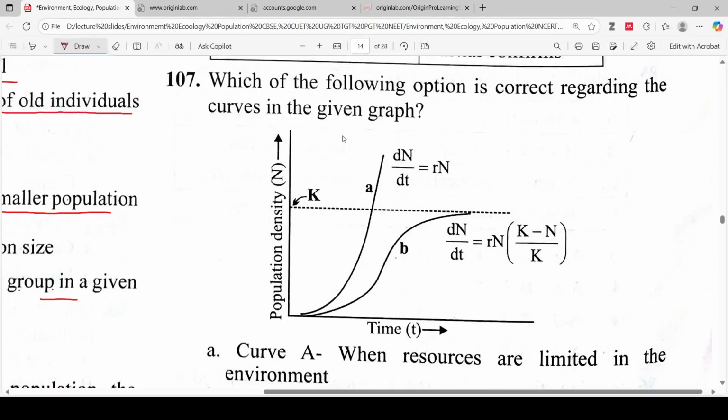So here the graph is the logistic growth of population.